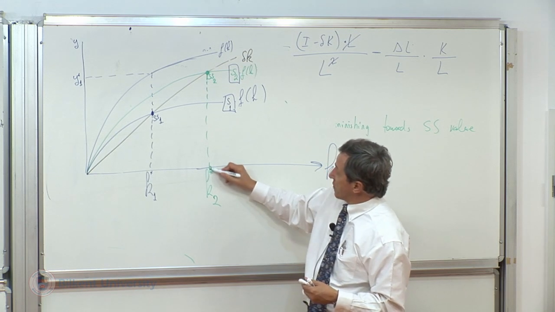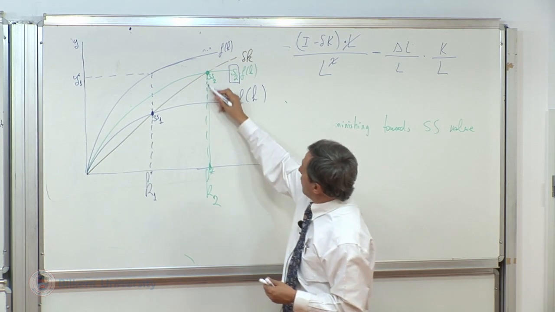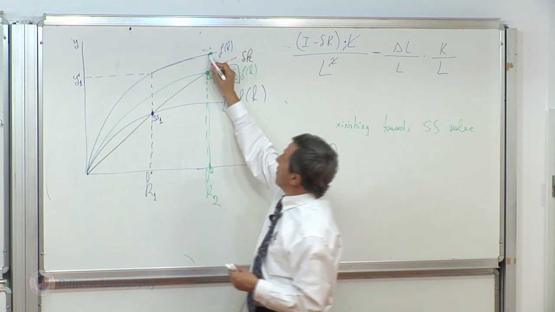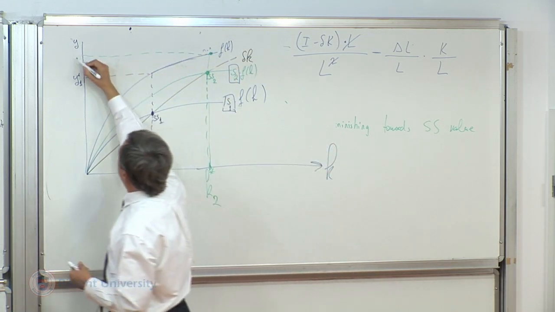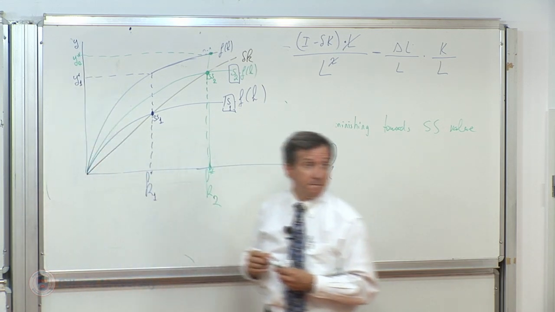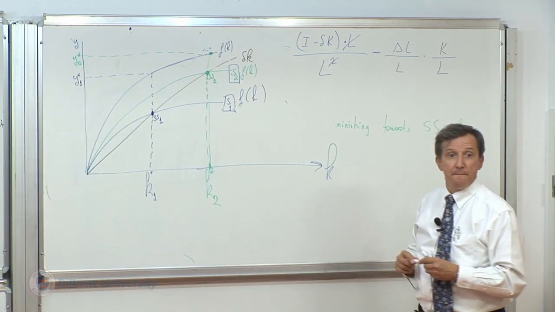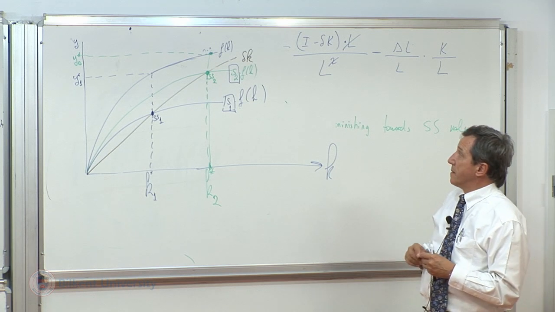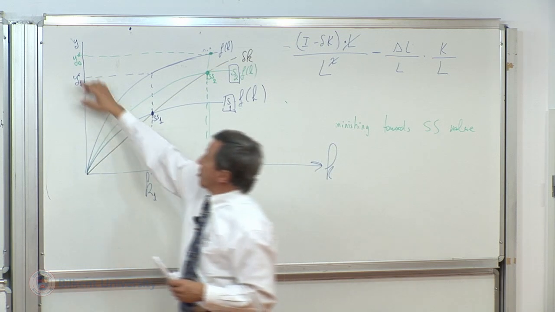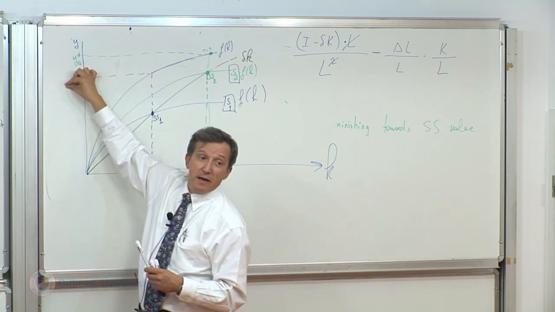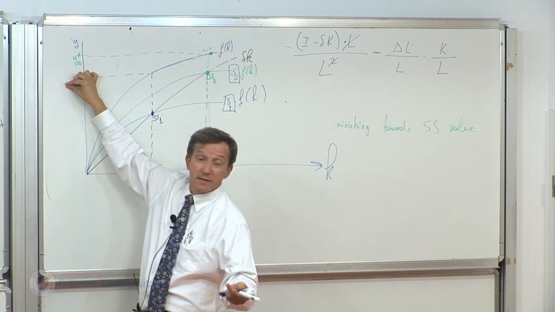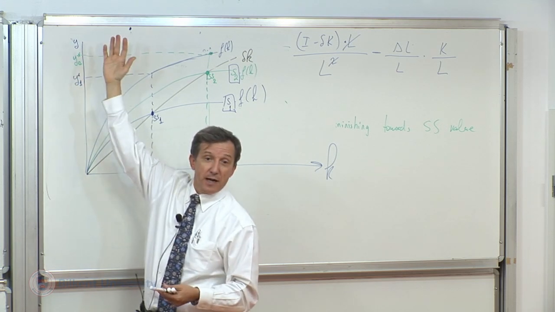This is using this much capital. I go up, all the way up. This is my production function. So this is my Y2. So per capita output, let's say, goes from $10,000 to, let's say, $15,000.